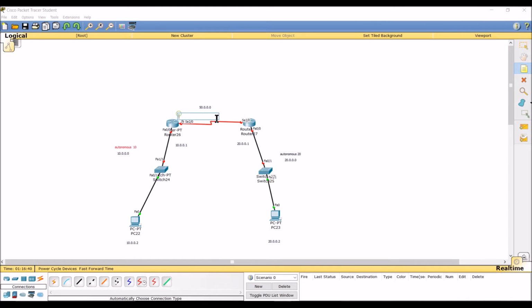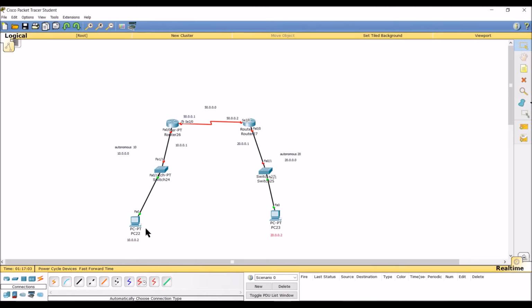This serial port's IP address is, let's say, 50.0.0.1, and for this one 50.0.0.2. Okay, I'm going to adjust it properly so that you guys can understand it.